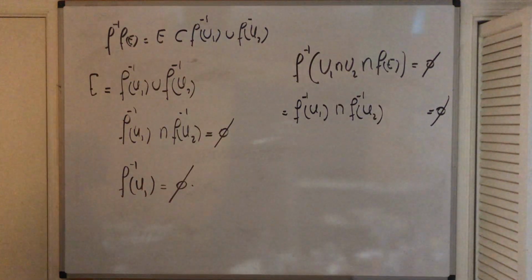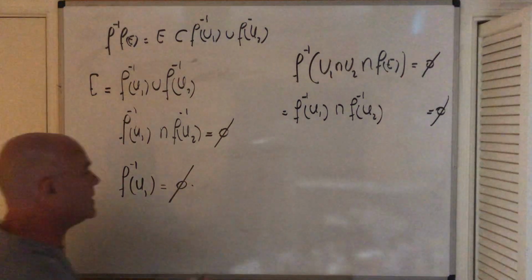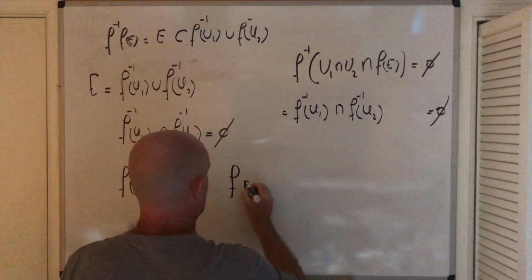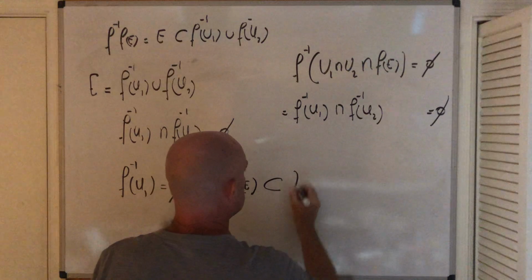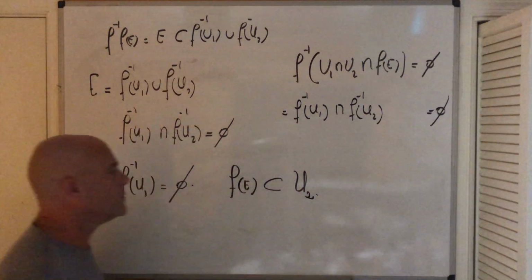But if f minus 1 of U1 is empty, that means that f of E is completely included in U2.